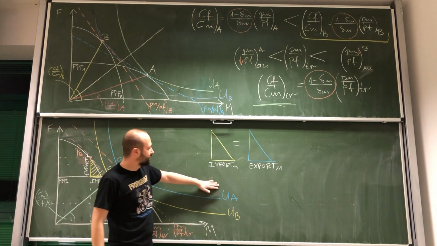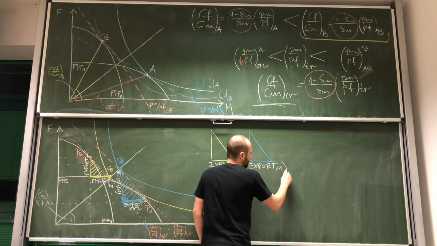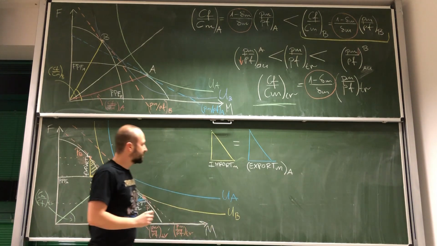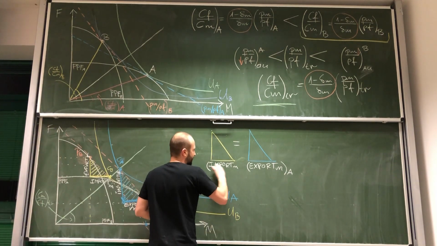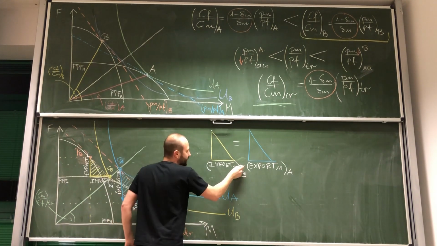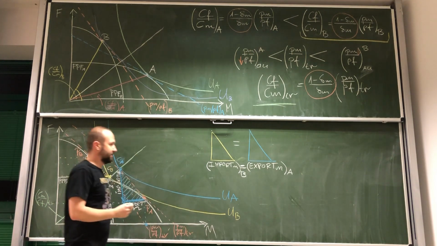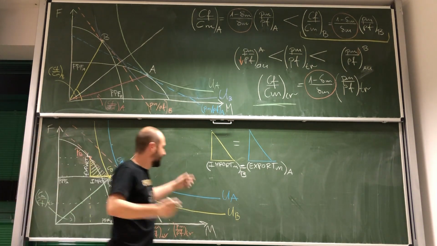That actually exports of Austria, which is imports of Bolivia, they need to be equal to one another in absolute value. But that doesn't matter, right?